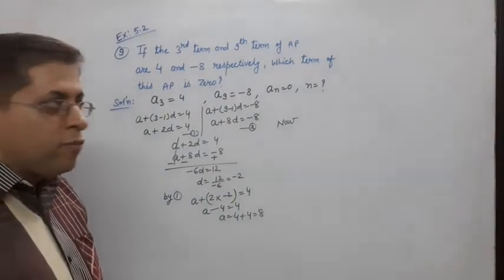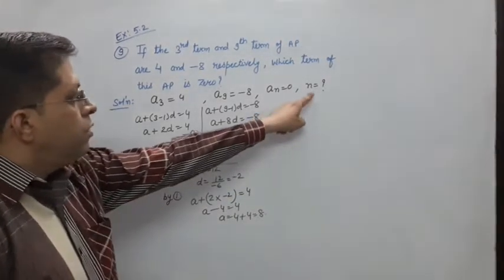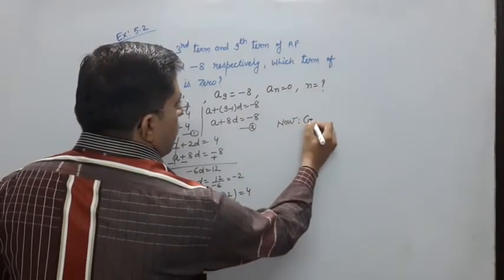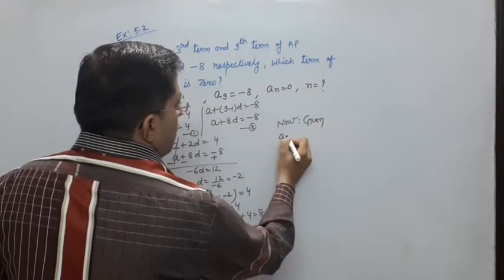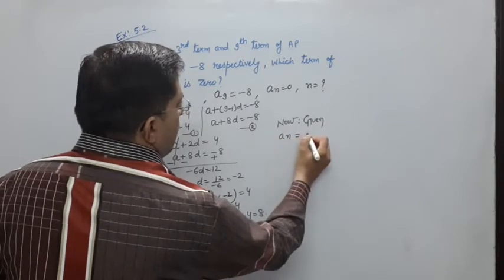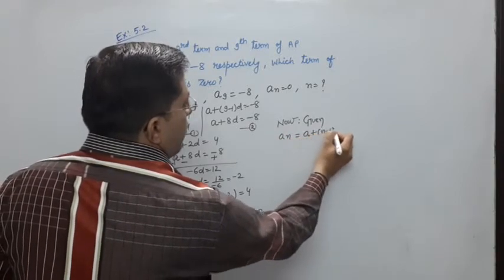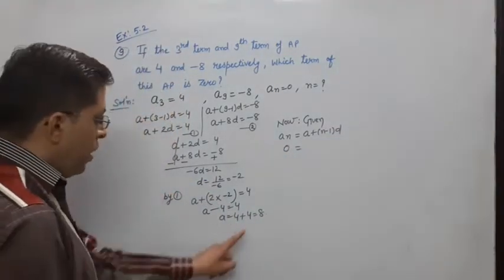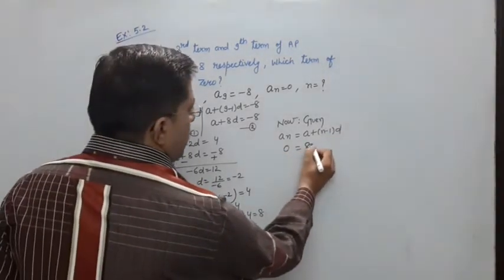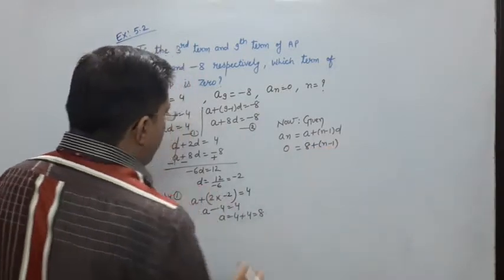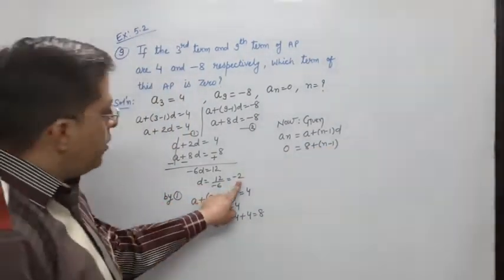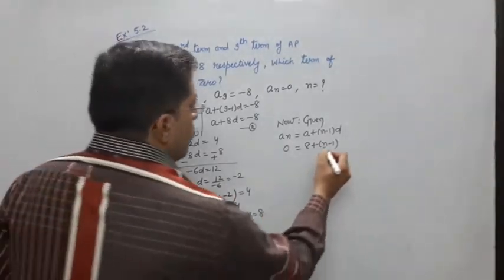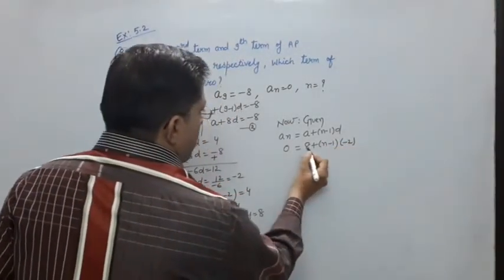What do you have to find? The number of terms. We know An is equal to A plus (n minus 1)D. An is given as 0, A we know is 8, and D is minus 2. So 0 is equal to 8 plus (n minus 1) into minus 2.